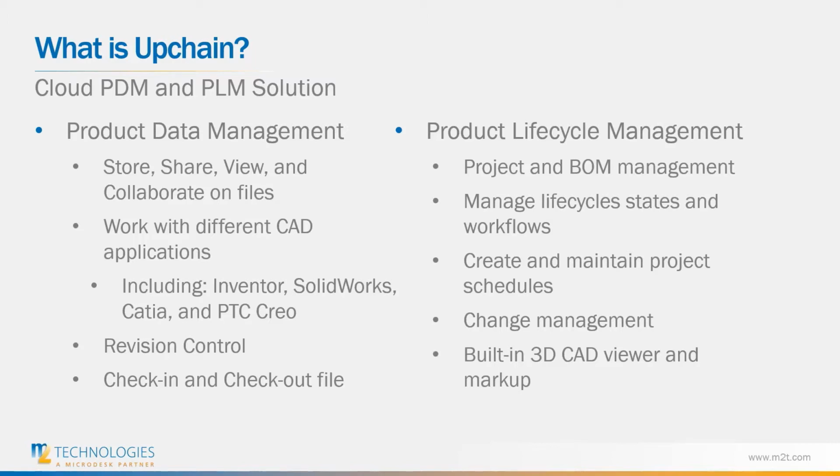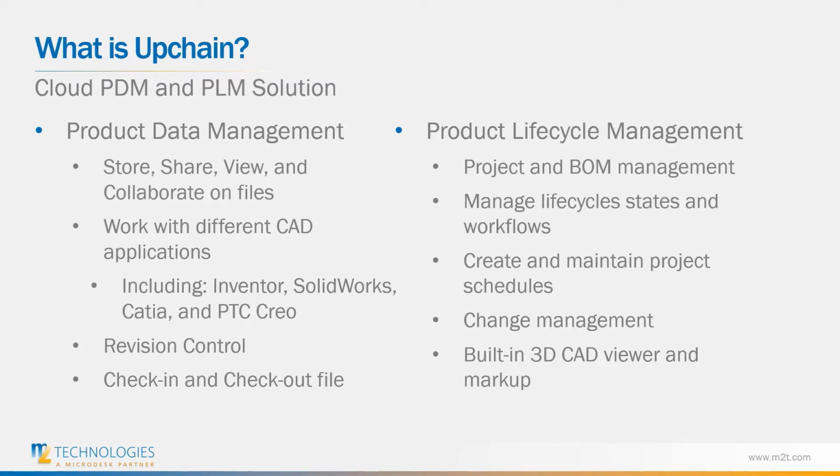You're also able to create and maintain project schedules. Upchain has a built-in Gantt chart scheduling system. You can link items such as products or documents to the different tasks in the schedule, and so everyone has access to what they need and when they need it.